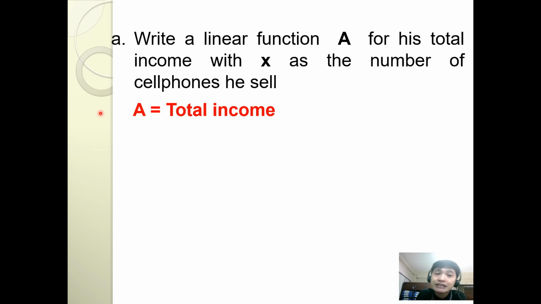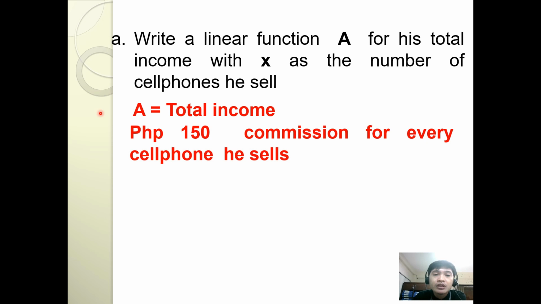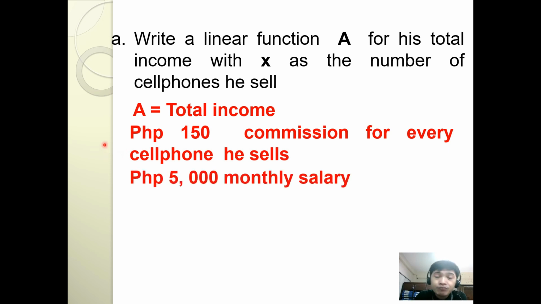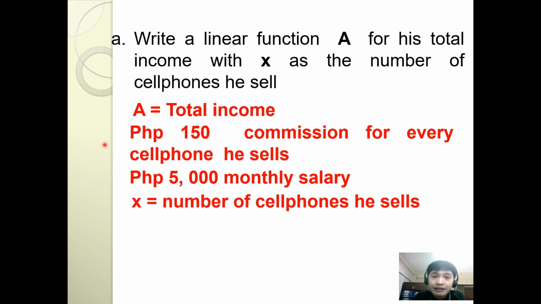Yung kabuuang kita ni Tristan. 150 pesos ang kanyang commission sa bawat cellphone na kanyang mabebenta. And then, 5,000 pesos ang kanyang buwanang sahod or monthly salary. And X, based dun sa letter A, yan po ay variable na tumutukoy sa number of cellphones na kanyang mabebenta.